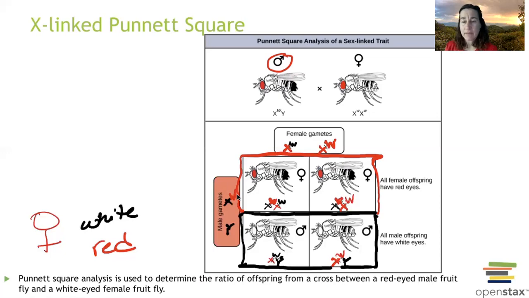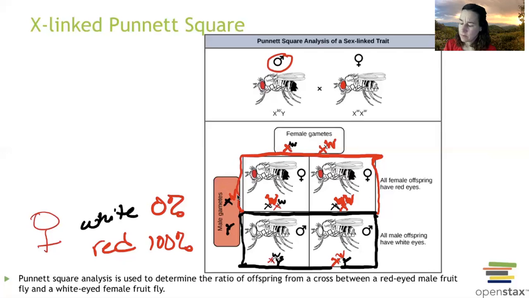What's the likelihood that they will have a female offspring with red eyes? And let's look and see. We've got red eyes, heterozygous here, because we've got one red, one white, heterozygous, and then we've got red and red. We got homozygous. Both of these, 100% chance that those females are going to have red eyes, and a 0% chance that they will have white eyes.